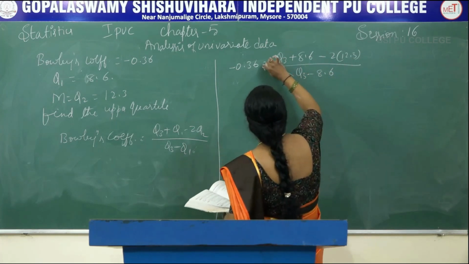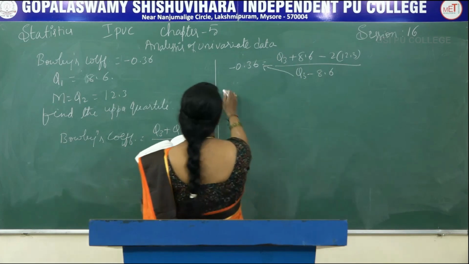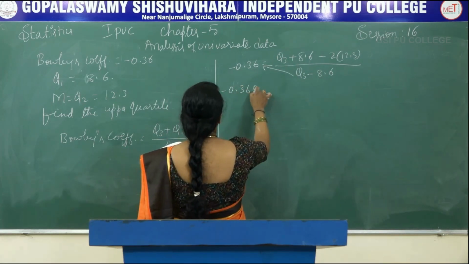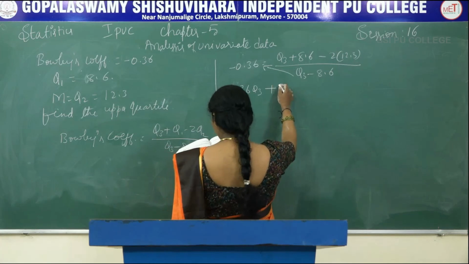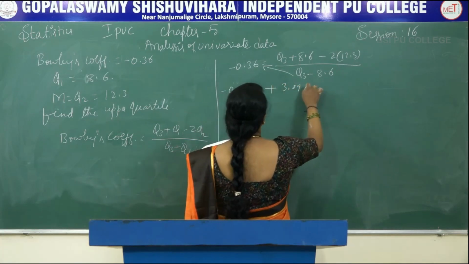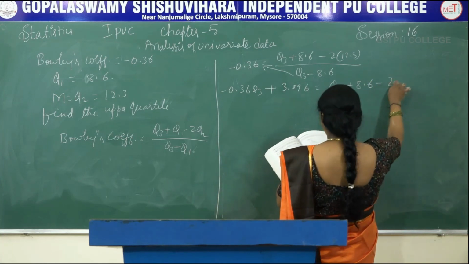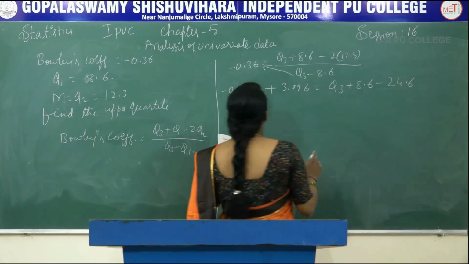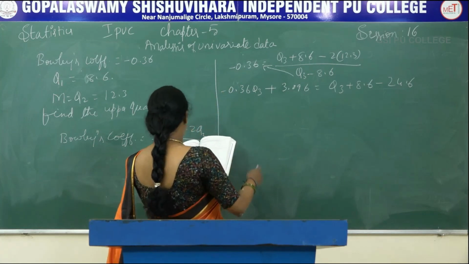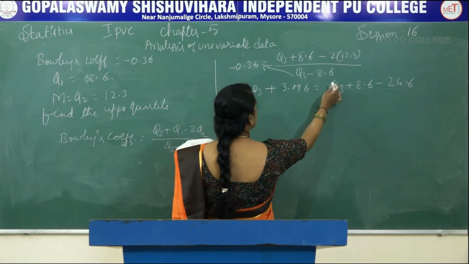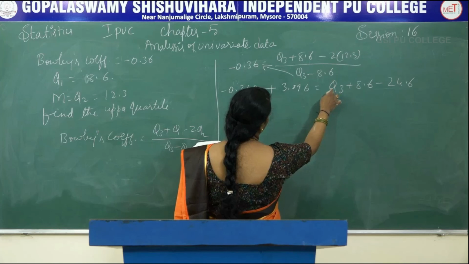You just take the cross multiplication first. It is minus 0.36 Q3 plus 3.096 is equal to Q3 plus 8.6 minus 24.6. Take all the Q3 values to one side. The coefficient of Q3 is 1.